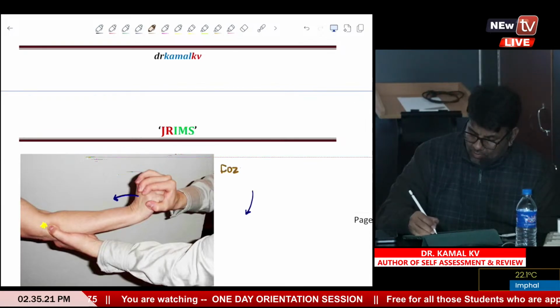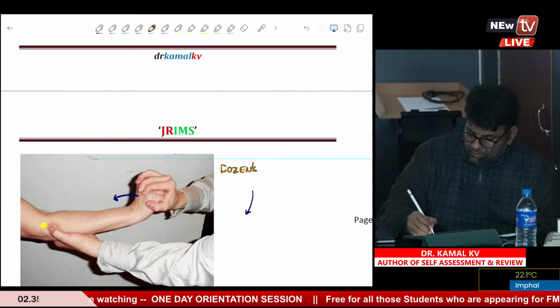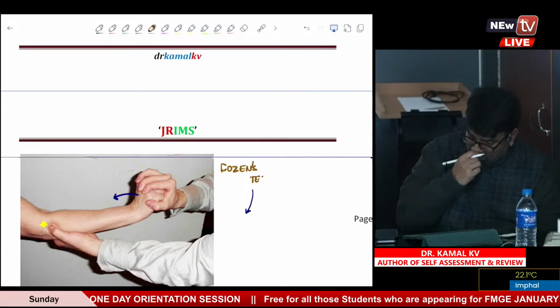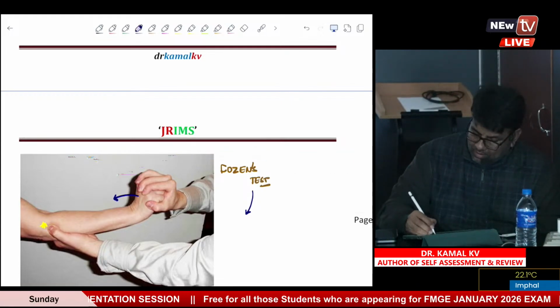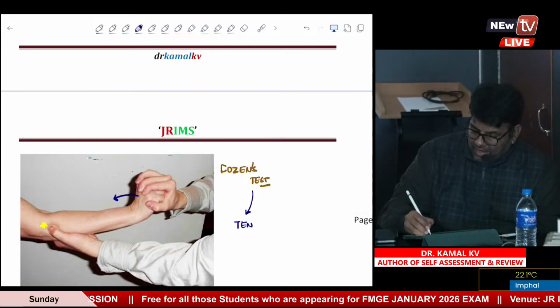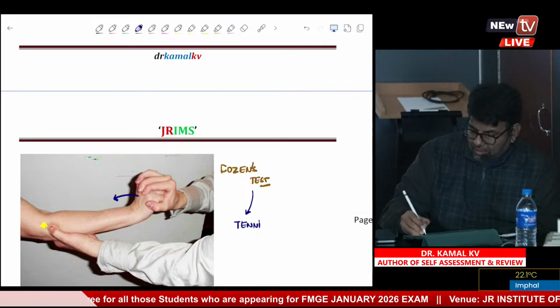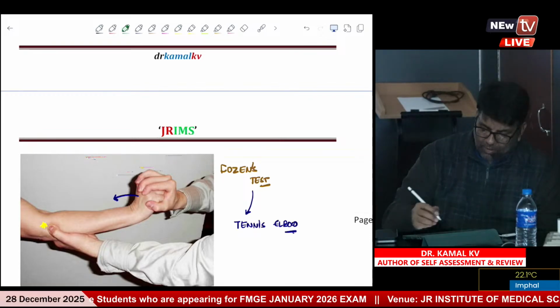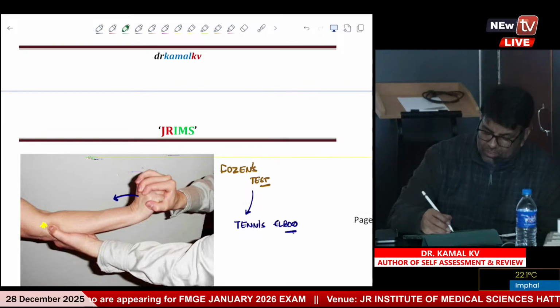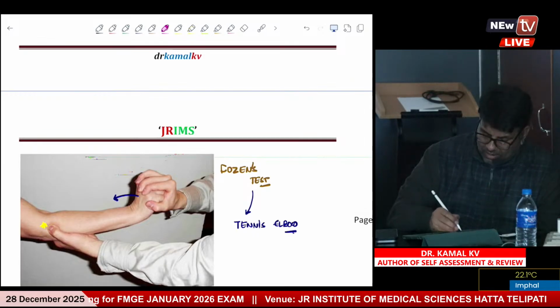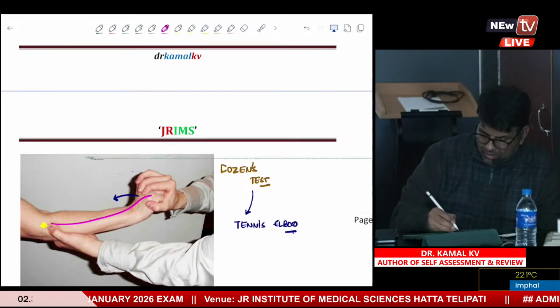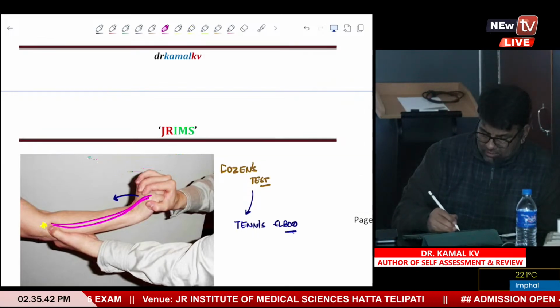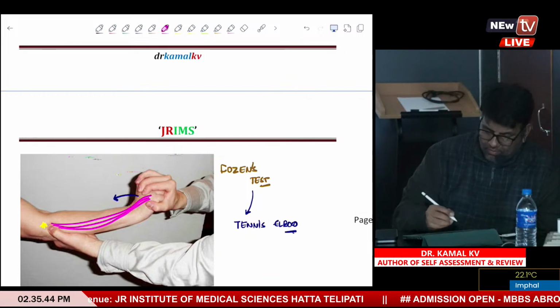What is tennis elbow? I'm sorry. Lateral epicondylitis. And what muscles originate from the lateral epicondyle? All the muscles of the extensor compartment of the forearm.